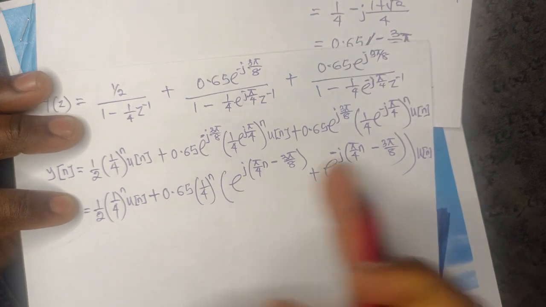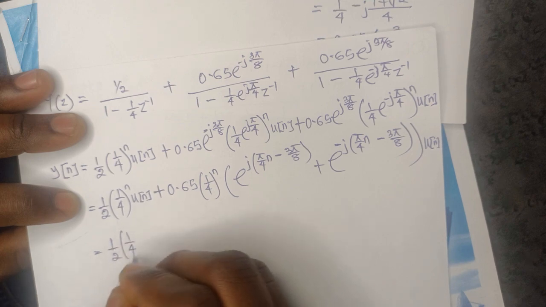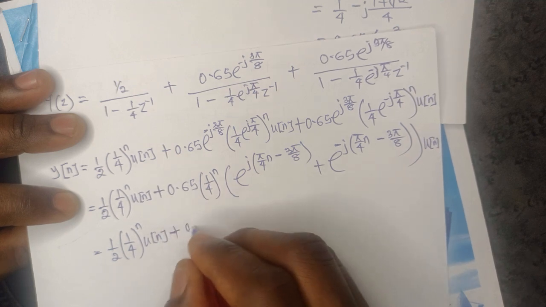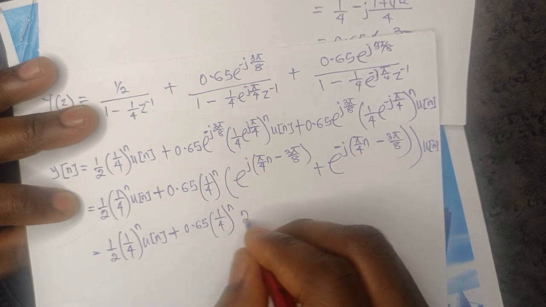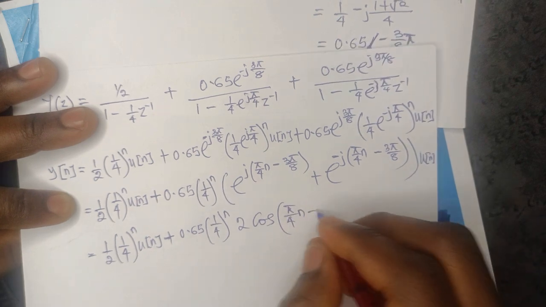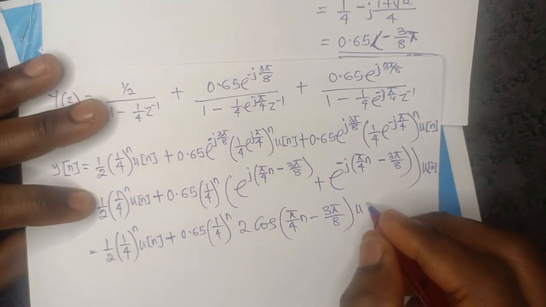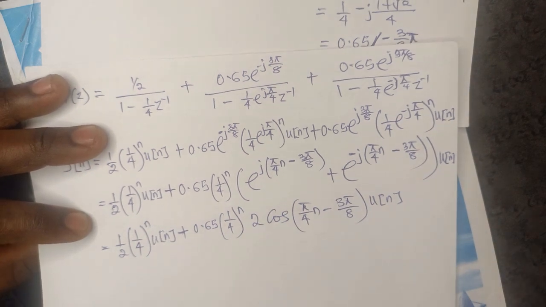So at this point, this is our normal cosine. So 2 cosine of this, the one we have been dealing with earlier. So 1 all over 2, 1 all over 4 raised to power n u of n, plus 0.65, 1 all over 4 raised to power n, 2 cos pi all over 4 n minus 3 pi all over 8, u of n. When 2 multiplies 0.65, that's going to be 1.3, right?